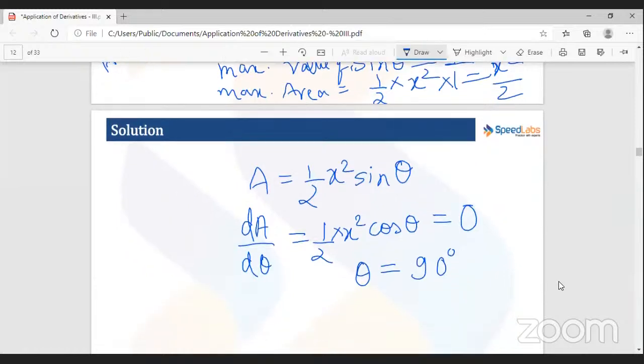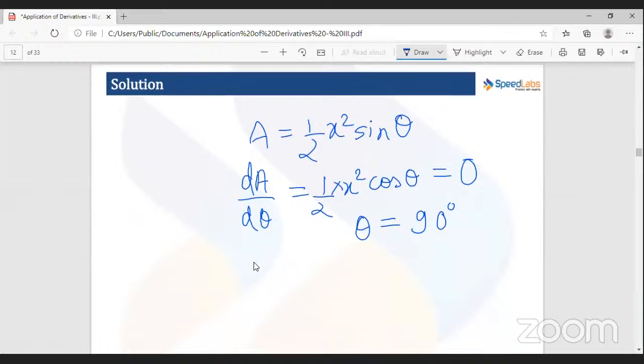So theta is 90 degree, and A here is half x square into sine 90, which is half x square.